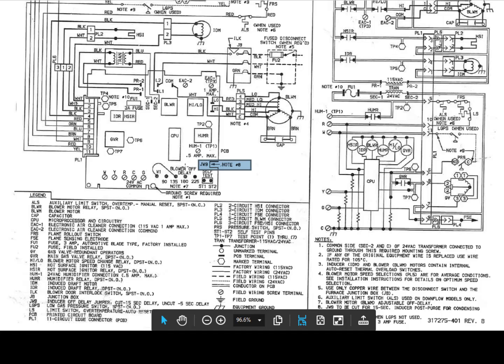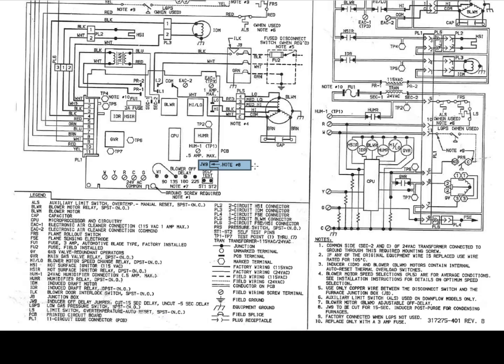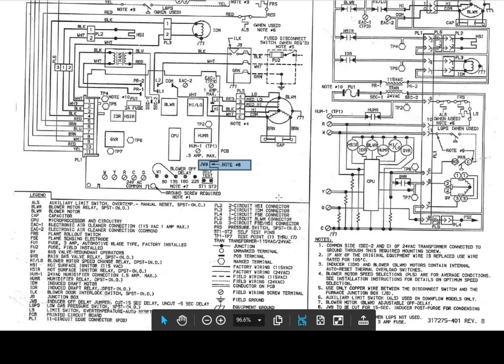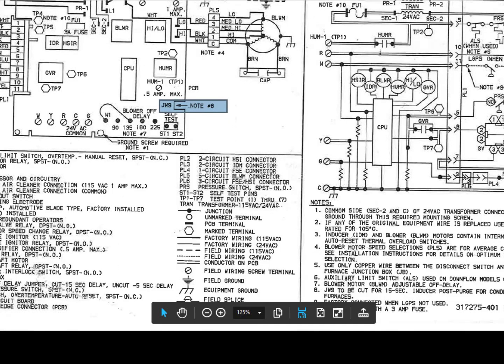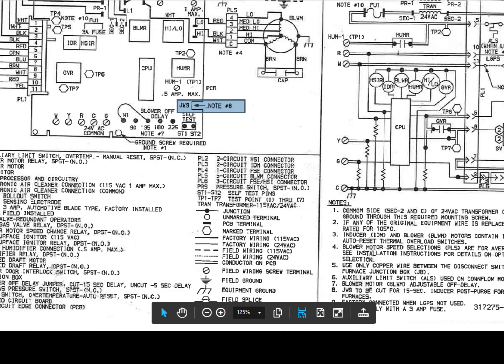So I can adjust my inducer off delay, basically my post purge timing, by cutting a jumper right there. And then note 8 tells me, if I can read it, JW9 to be cut for 15-second inducer post purge for condensing furnaces.